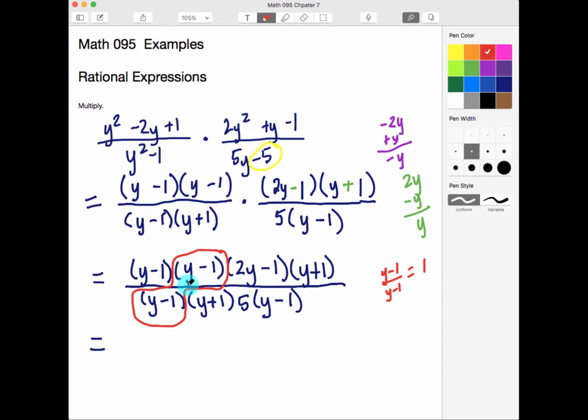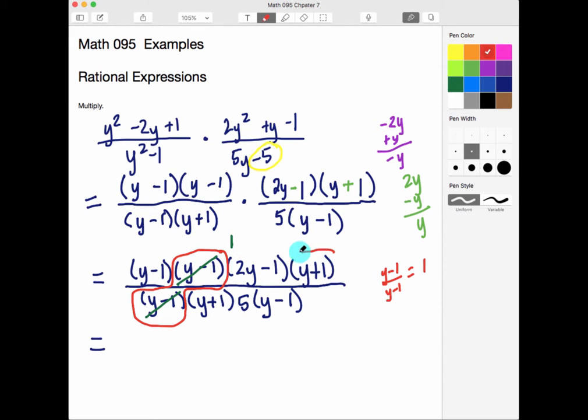So when I see a similar factor on the top and the bottom of the fraction bar, I get to cross them out because they have really turned into a 1. So I'm going to put a little 1 right there just to remind myself that they didn't just disappear, they turned into a 1.